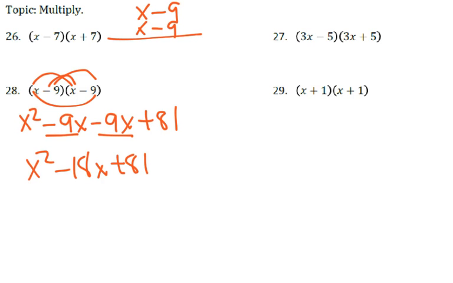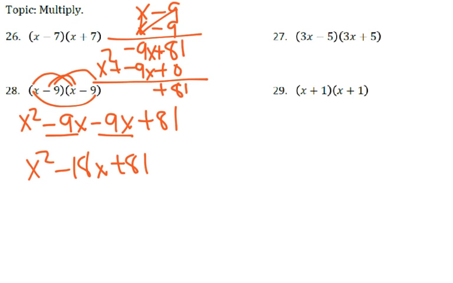Negative 9 times negative 9, positive 81. Negative 9 times x, negative 9x. Okay, plus 0. x times negative 9, negative 9x. x times x, x squared. Add them, we get 81, negative 18x and x squared. Same thing.